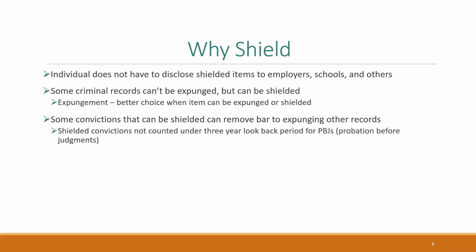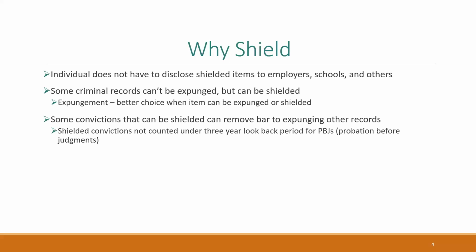And another good reason to think about shielding is that when you're doing a full criminal record analysis for a client and helping them with expungement, shielding can factor into the analysis when you look at types of cases that would prevent expungement of an otherwise eligible case. So for example, in expungement world, you have a probation before judgment.